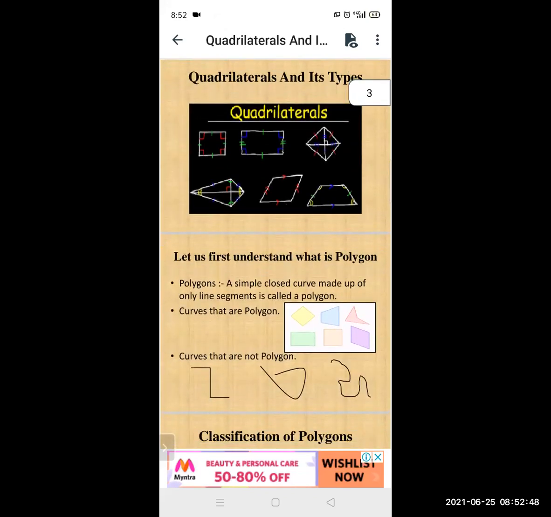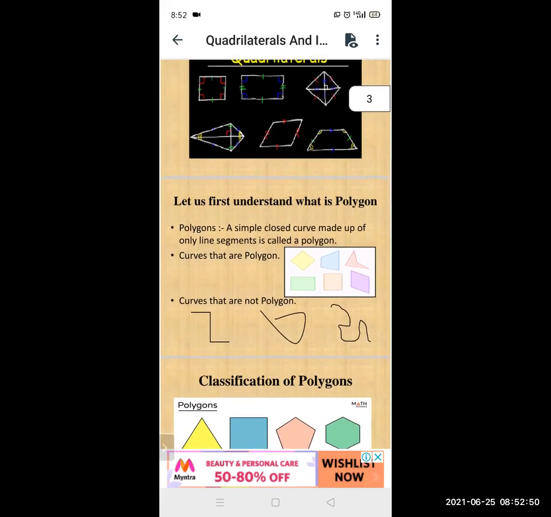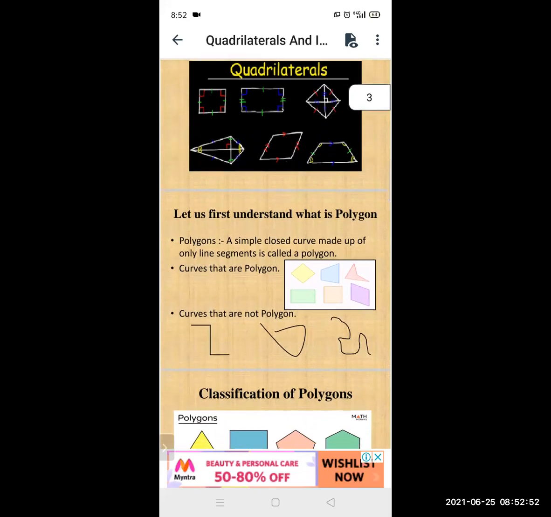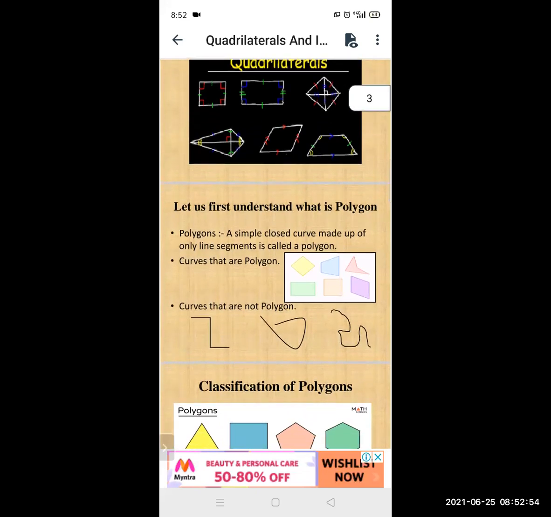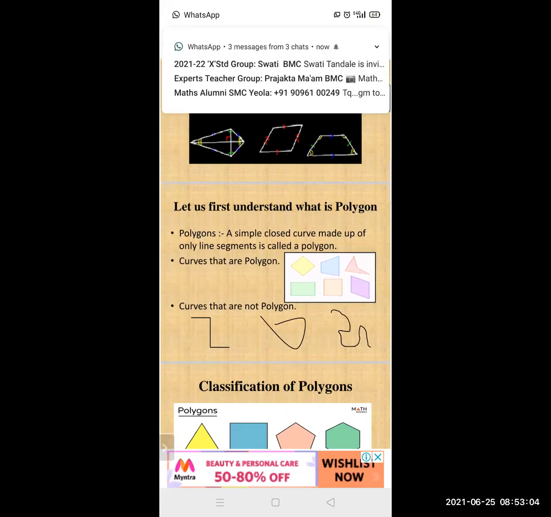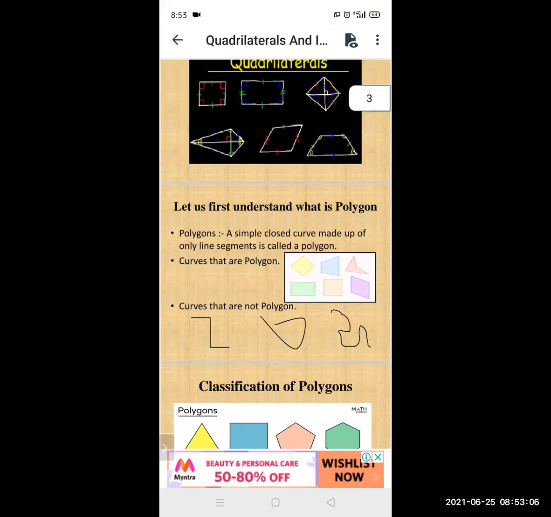Before quadrilaterals, the first important part we have to learn is the polygon. Let us first understand what a polygon is. A simple closed curve made up of only line segments is called a polygon.